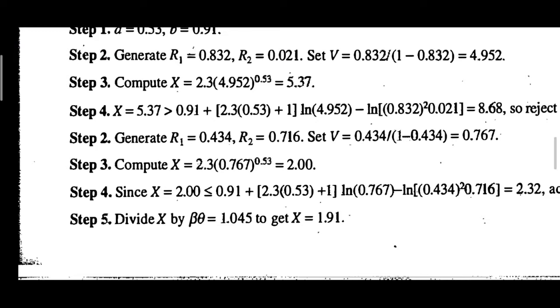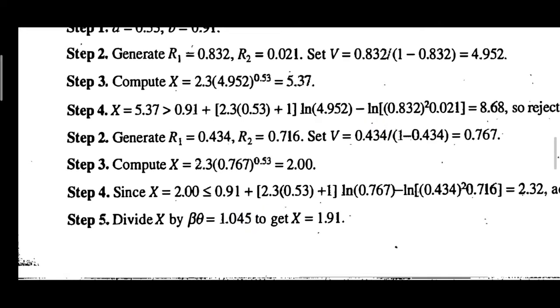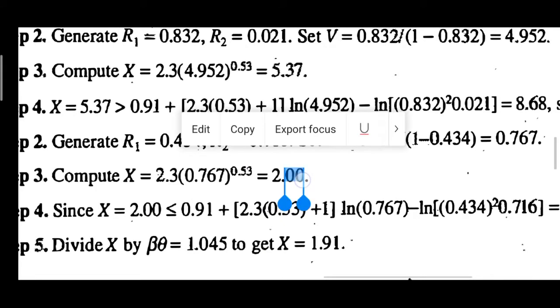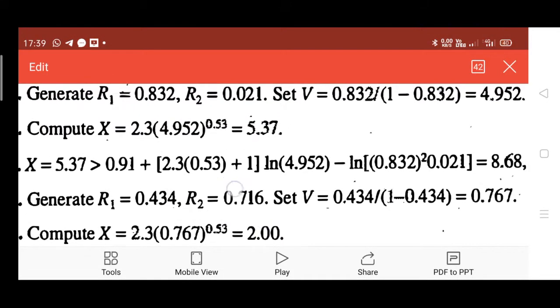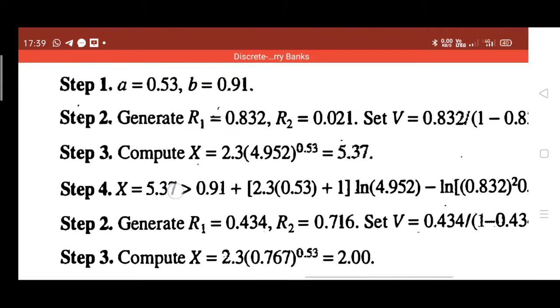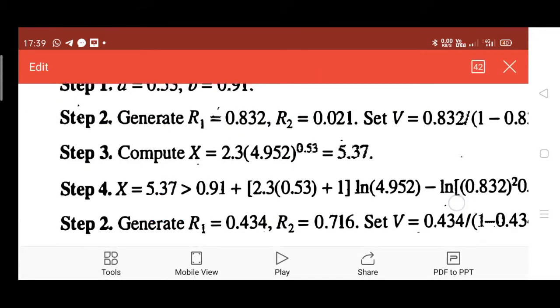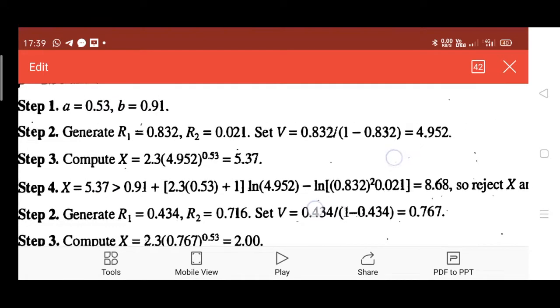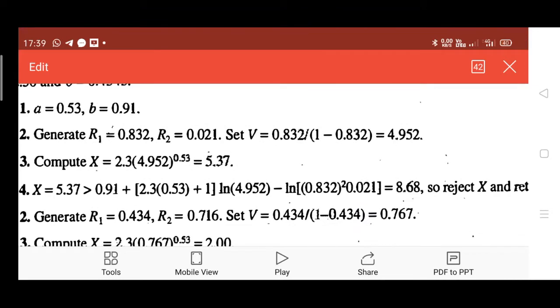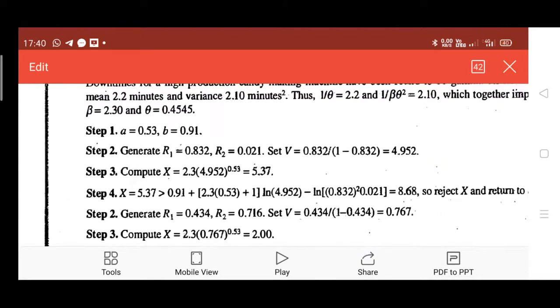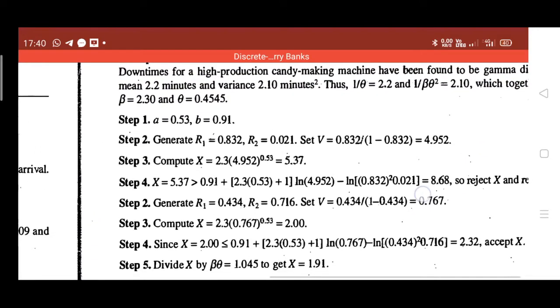So the value of x is computed as 5.37, which is greater than what we are obtaining on the right side, 0.91 plus so on, 8.68. So reject x and return back to step 2.